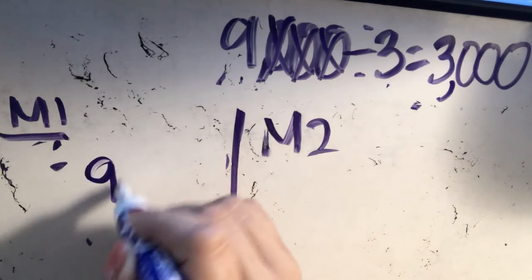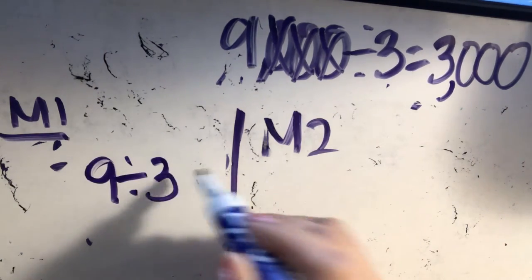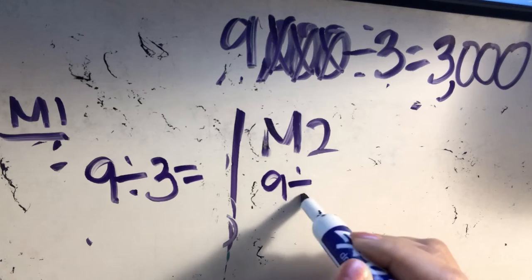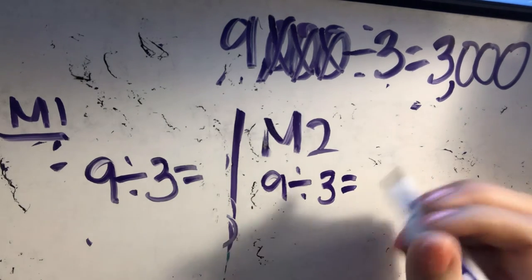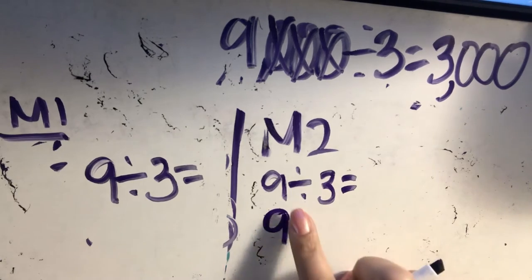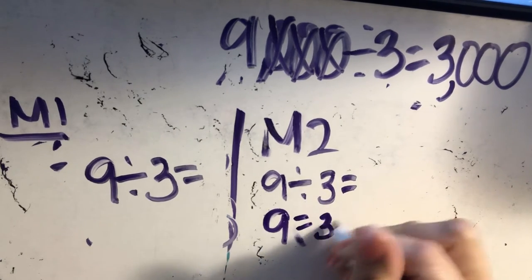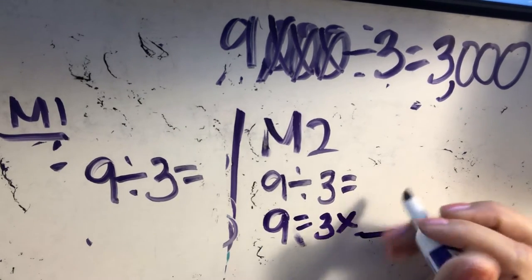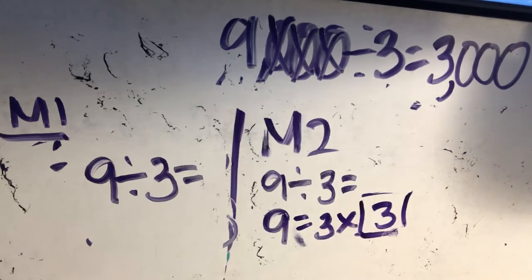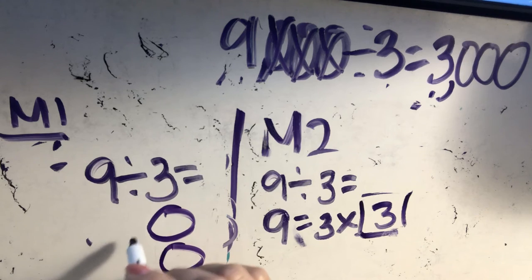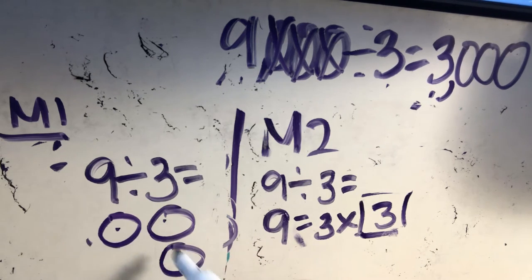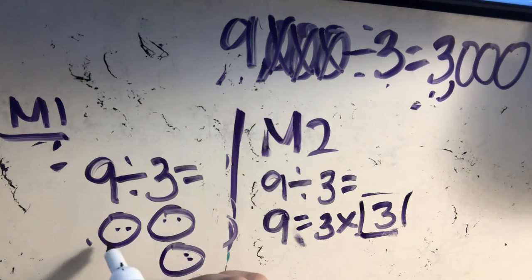So if we have 9 and divide it by 3, that's what that would look like. 9 divided by 3. Okay, and if you want to rewrite it, 9 equals 3 times what number? If you answered 3, you were correct, so that's why we propped that right back up there. You would have 3 circles here if you decided to do the circle draw, and there would be 3 spots in each of these that would total up to 9.